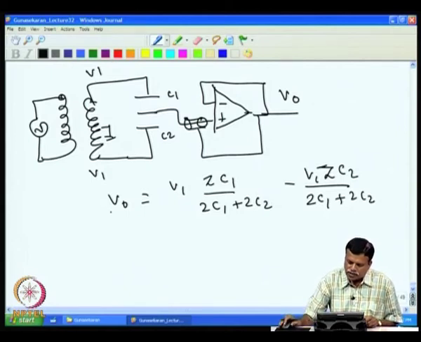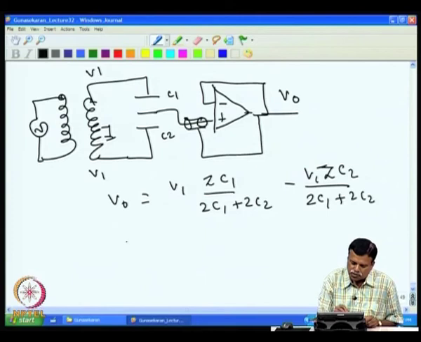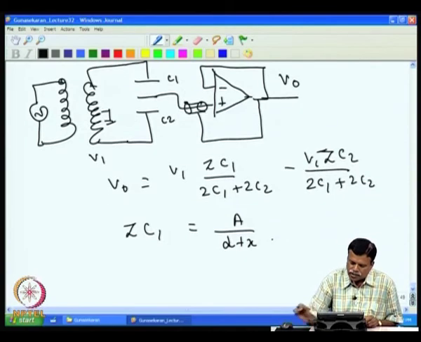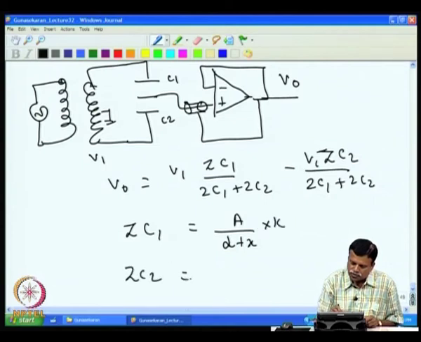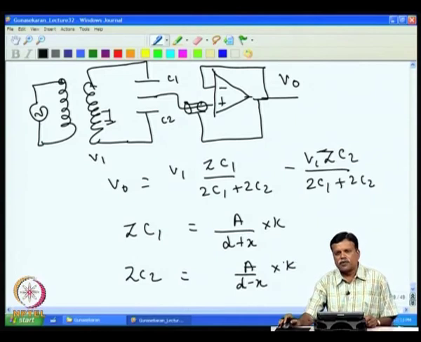For example, ZC1 will come as, here it is a space variation, a constant k times a by d plus x, and ZC2 will be a by d minus x into the constant k, which consists of mu naught, epsilon naught and epsilon r.